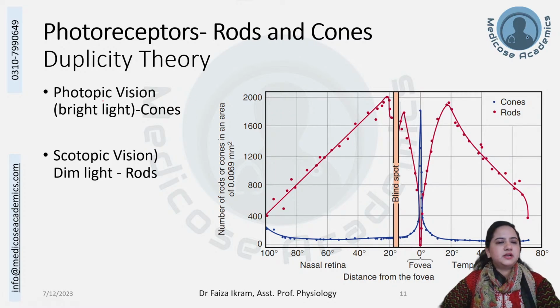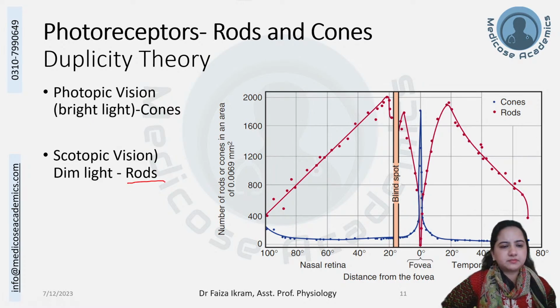The rods help us look at things even in dim illumination, even in the dark. The rods are mostly responsible for black and white vision, known as scotopic vision, whereas cones respond to bright light.